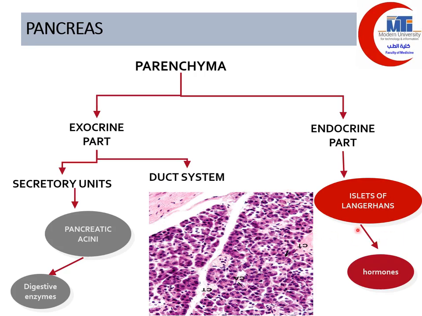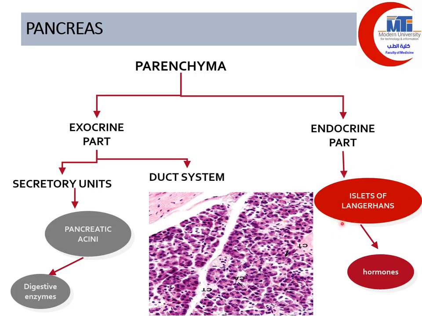Their number is about 1 million in the pancreas, and they are more numerous in the tail region of the pancreas. They are called islets as they are scattered between the pancreatic acini.